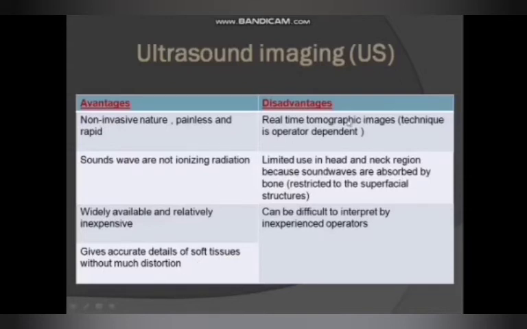While the disadvantages: the real-time tomographic image technique is operator dependent, which means that radiologists must be present during the investigation. It has limited use in the head and neck region, as we said, because it's restricted to superficial structures, and the sound waves may be absorbed by bone. It can be difficult to interpret by inexperienced operators.